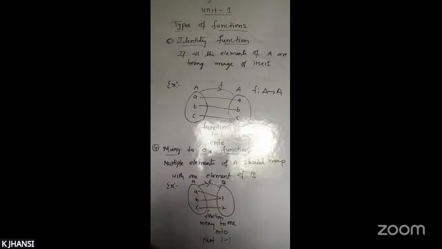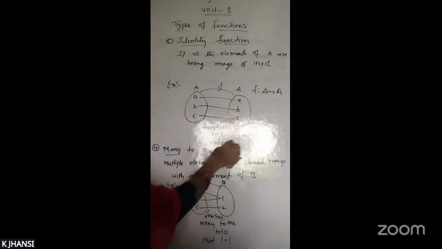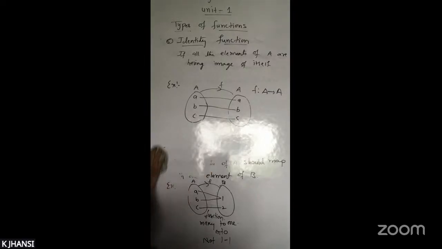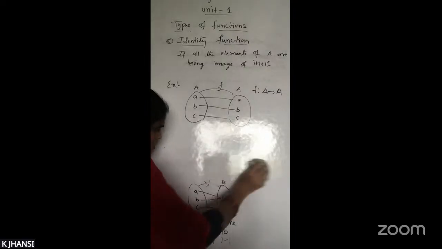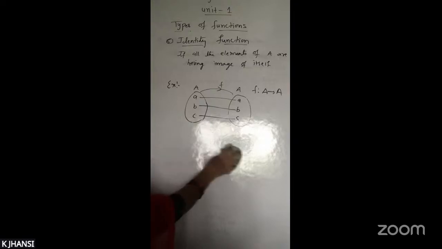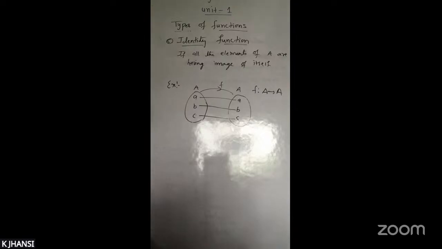And the last one is the constant function. Okay. This also you will see in theorems. So constant function means whatever the elements are there in set A, if they have only one image, if all the elements of A have the same image, that is only one same image, then we call it a constant function.